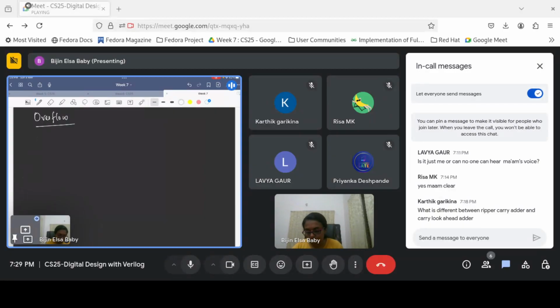Next, I'm going to talk about overflow. If you have two numbers with n digits, the result is n plus 1 digits.